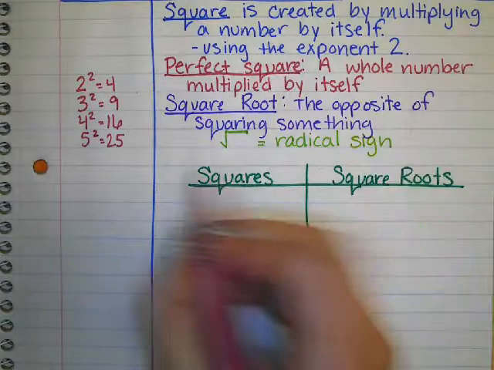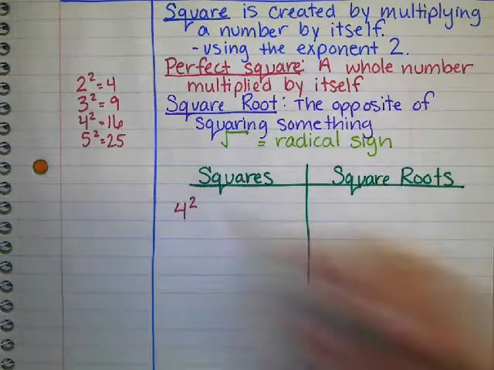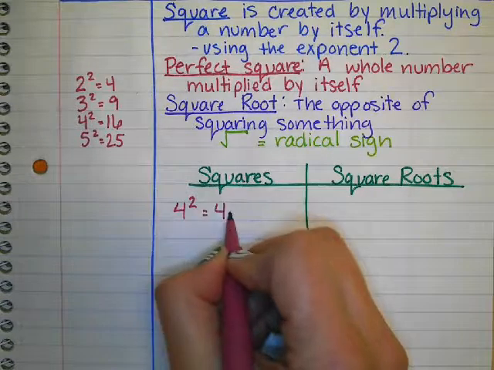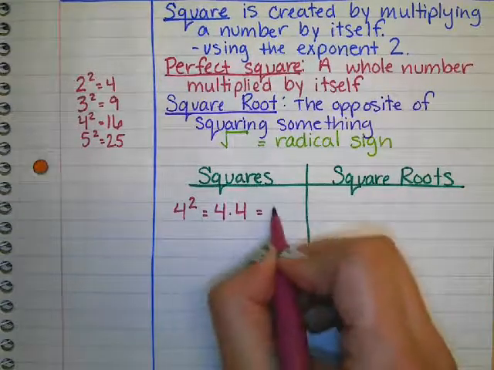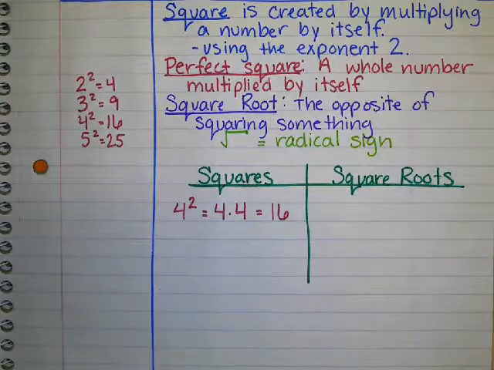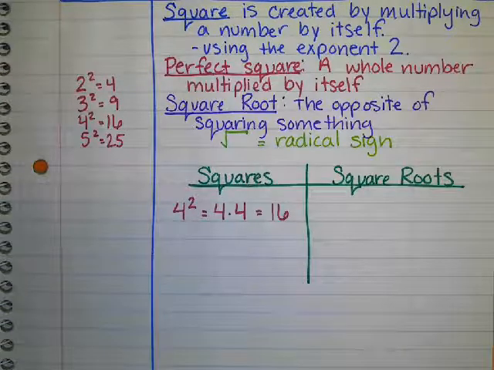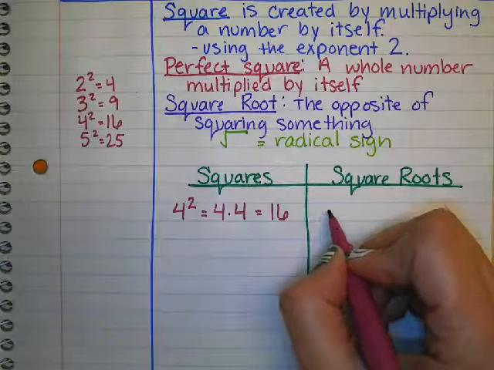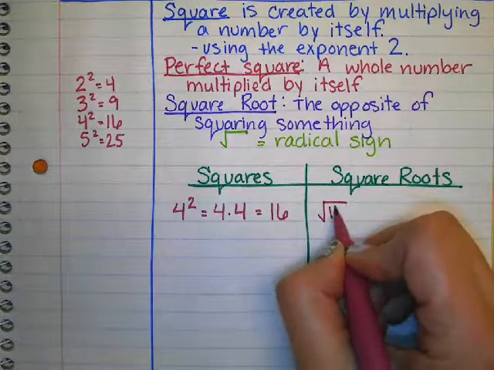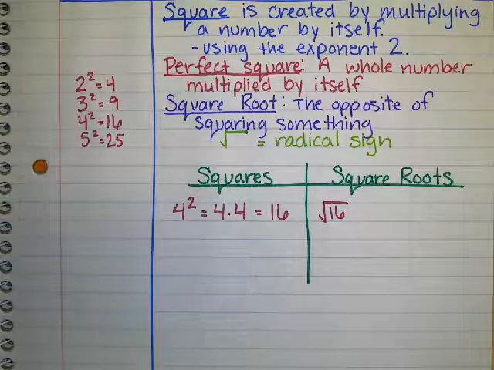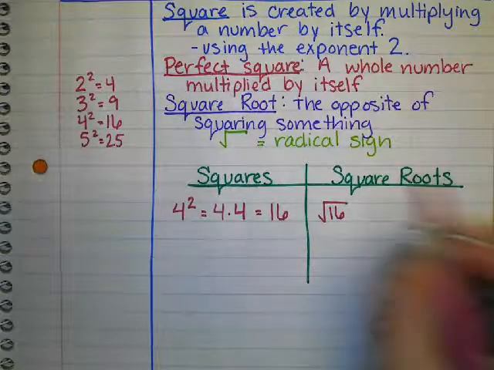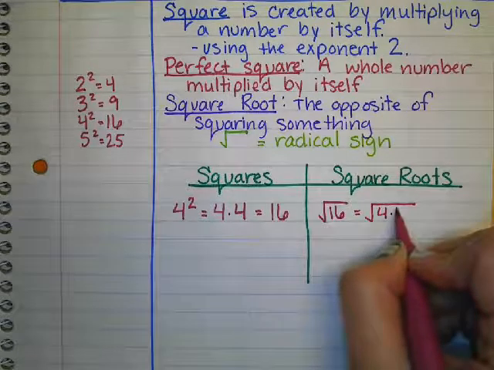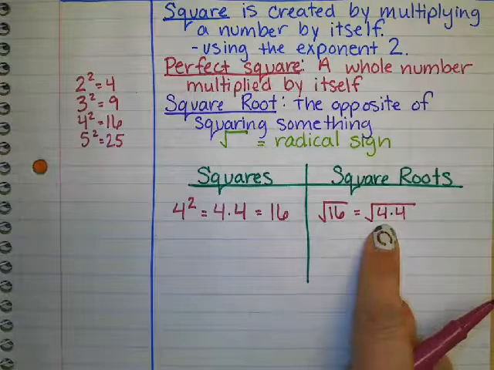So if we have 4 squared, we know that that is the same thing as 4 times 4, which is 16. Now to do the opposite of that, we would have the square root of 16, which is the same thing as the square root of 4 times 4. Do you see how I can separate it out?